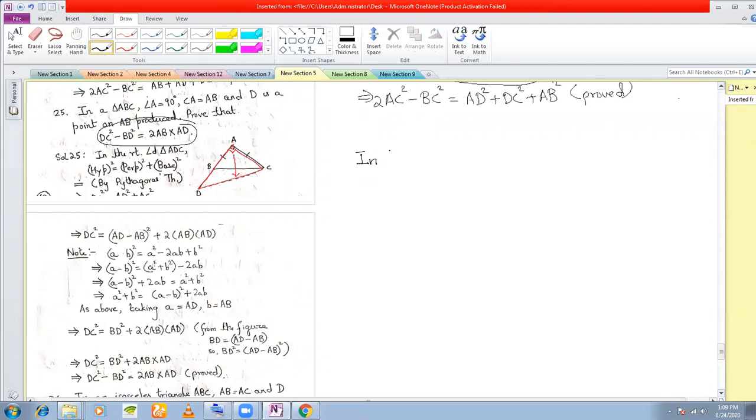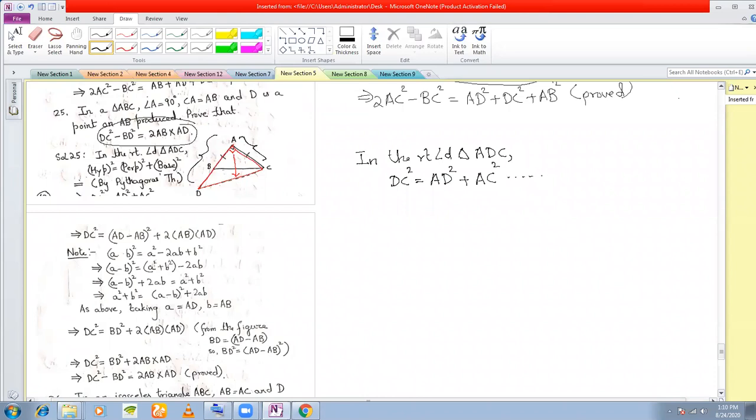So therefore, in the right angled triangle ADC, hypotenuse is DC, so DC square is equal to, this is your perpendicular, ED square, and this is your base, EC square.